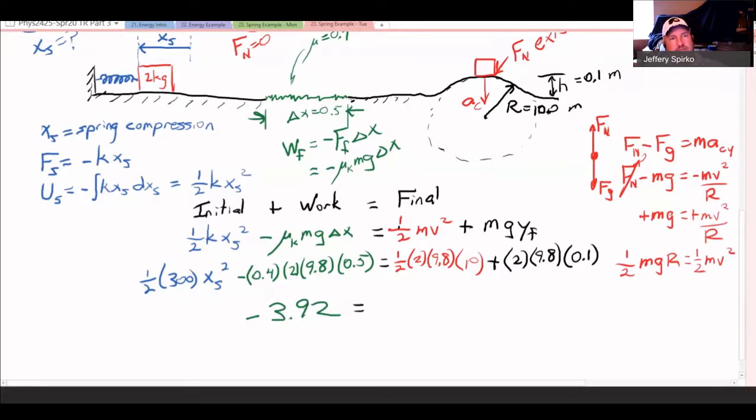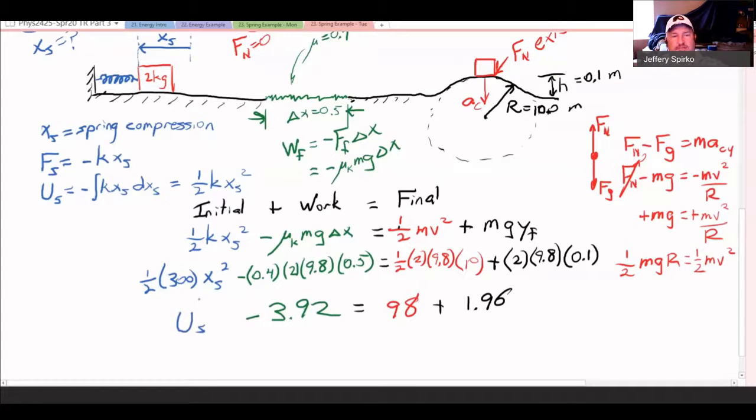I probably could have done that in my head. And then the black term is 19.6, that's 1.96. And that is going to equal our U sub S.